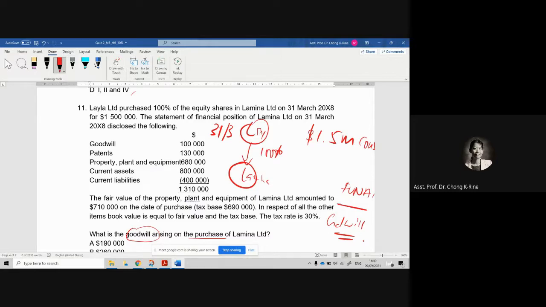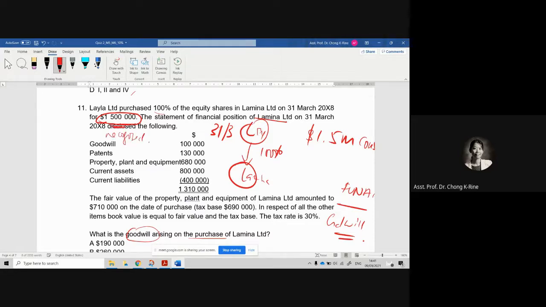So you will see that 1.5 million is the consideration. If it is not mentioned as issuing their own shares or whatever, it will be a cash consideration, just to repeat. Now, Lamina is our subsidiary. On the acquisition date, the subsidiary has all this in the books. Actually, disclose is not a good word; it is supposed to be recognized.